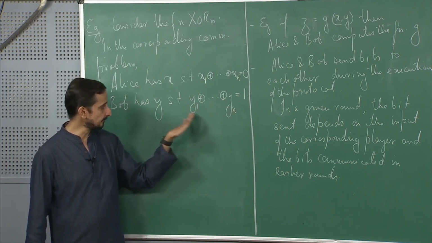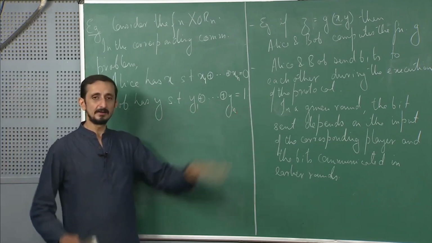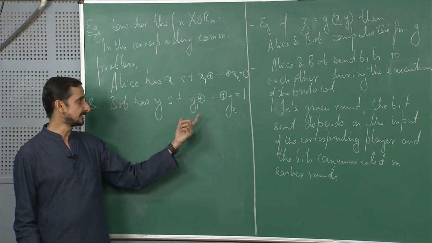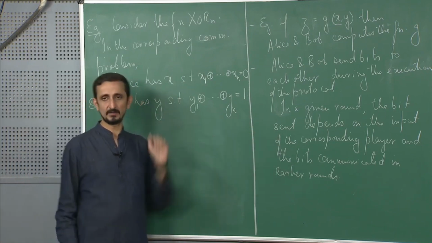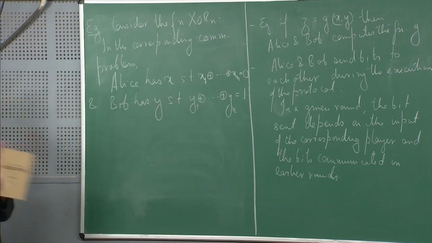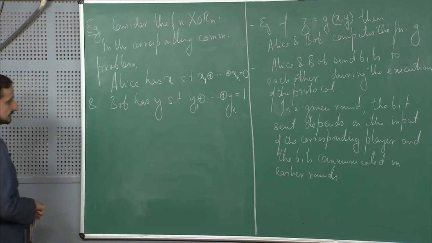And if I have parity of n bits which is 1, then the opposite is true. So basically, if the first n/2 bits is 0, then the next n/2 bits must be 1, and vice versa. So this is the principle on which the protocol is designed. Okay.